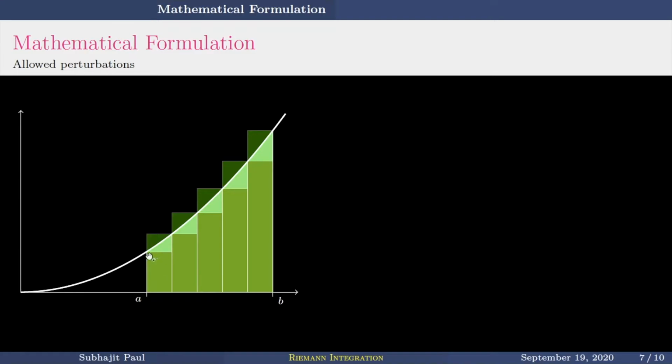For the brown case, we have seen that this is the functional value at the left extremity over here. And in the green cases, we have chosen the height of the rectangles as the functional value at the points of right extremity.